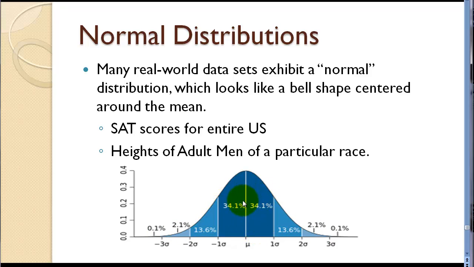So you can see here about 68% of the data is always within 1 standard deviation, either below by 1 or above by 1. If we go from 2 standard deviations, that's 95% of the data. So only about 2.5% of the data on each end, or 5% of the data, is more than 2 standard deviations away.